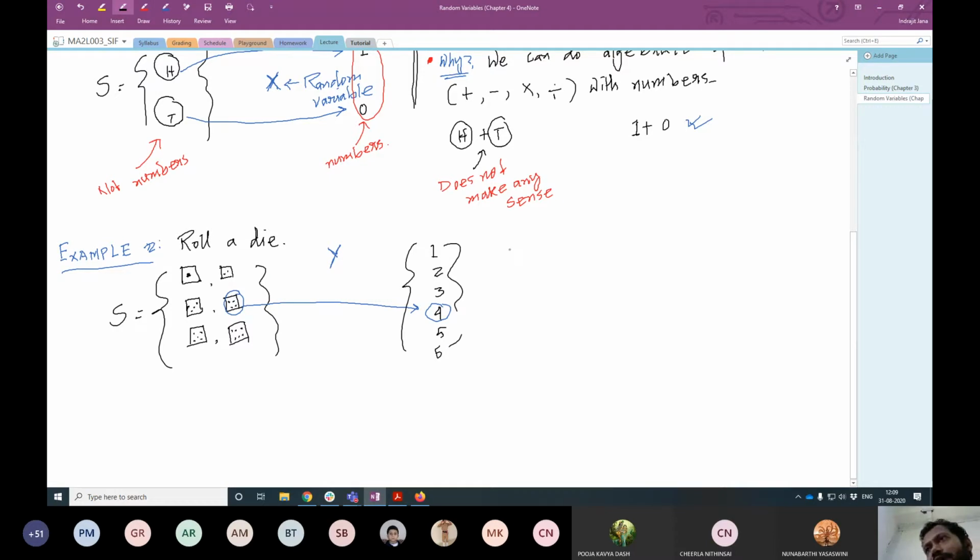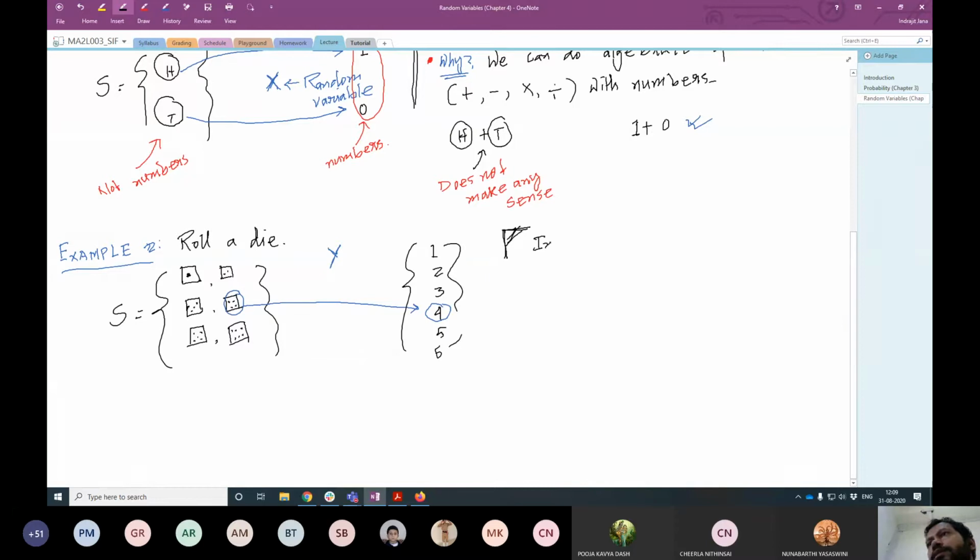One side note, so why is it called random variable? So let's write this down. You see that this random variable is essentially a function, and the inputs of this function are some random elements of the sample space, right?